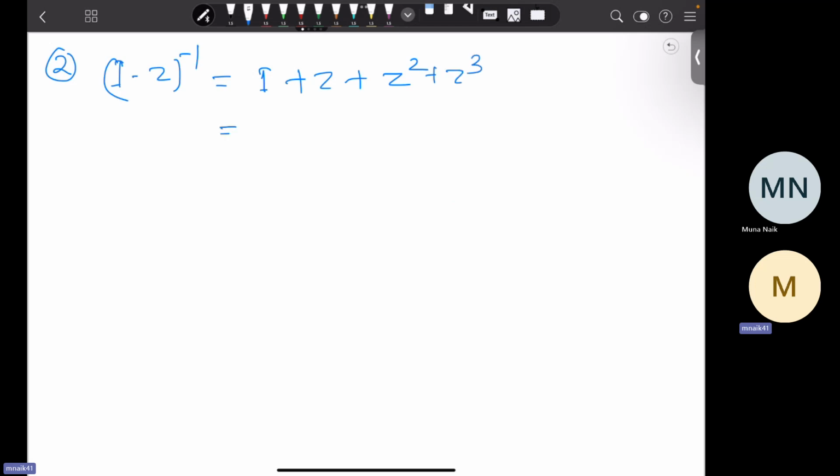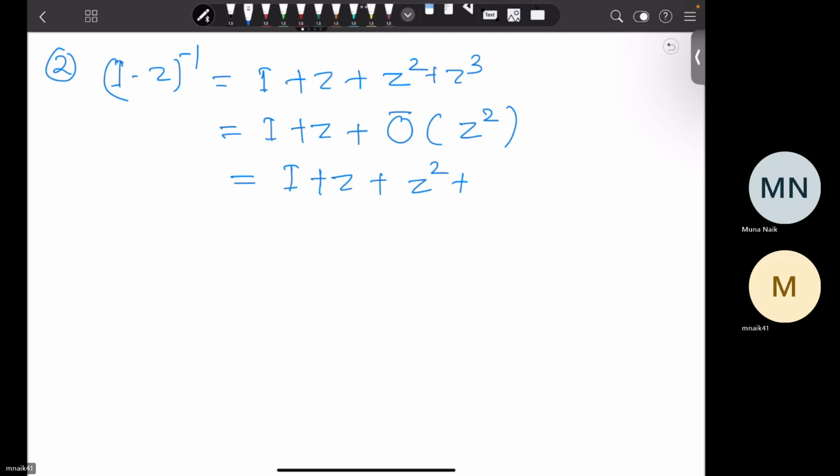So this is really nothing but I plus z plus big O of norm z square.